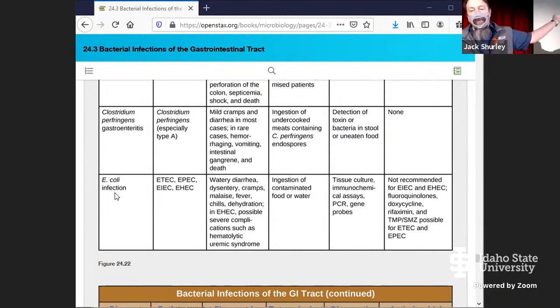E. coli, we showed that table just a second ago before we got into this. So the handful of different types of strains and various situations with the diarrhea, with the GI issues. You might potentially think somebody else, and if that's the case, you would expect in a fecal sample to find your own E. coli, your good guys, right? But then the issue would be to weed out your good E. coli from these E. coli.